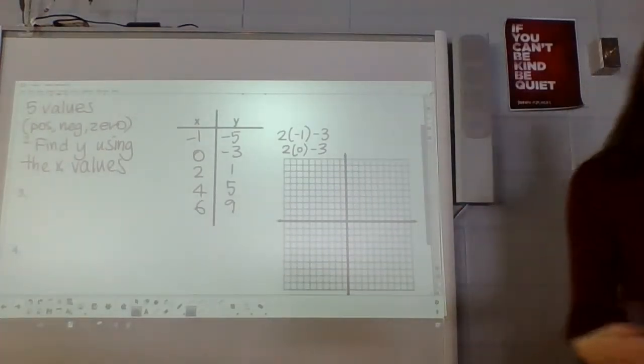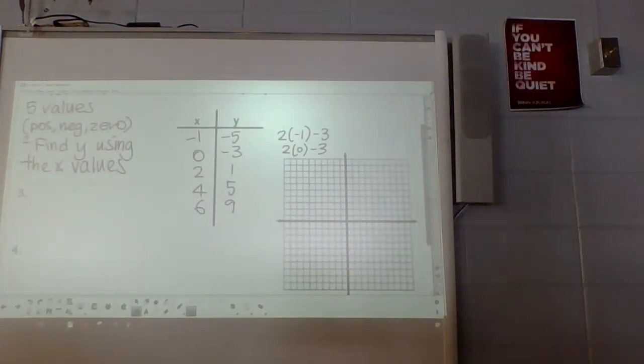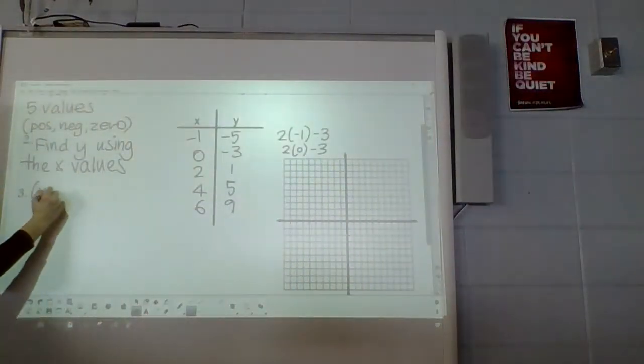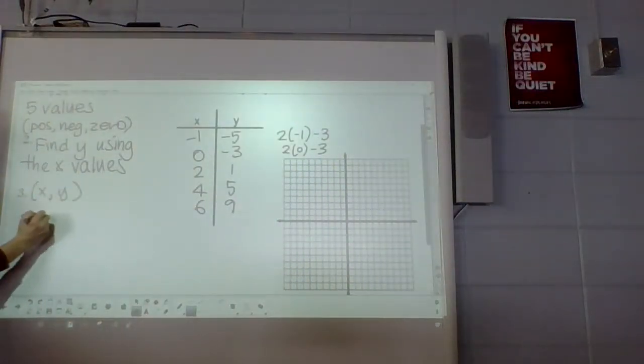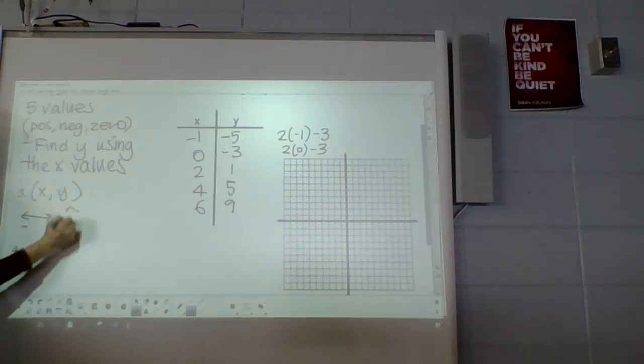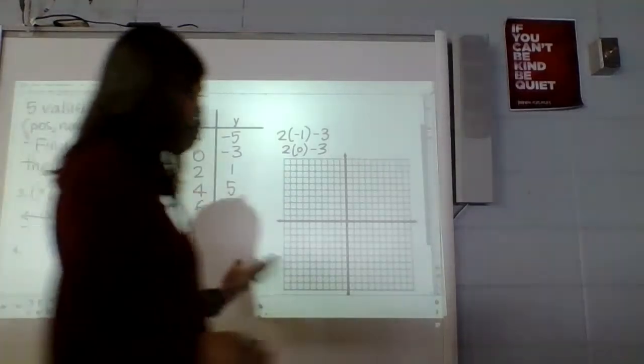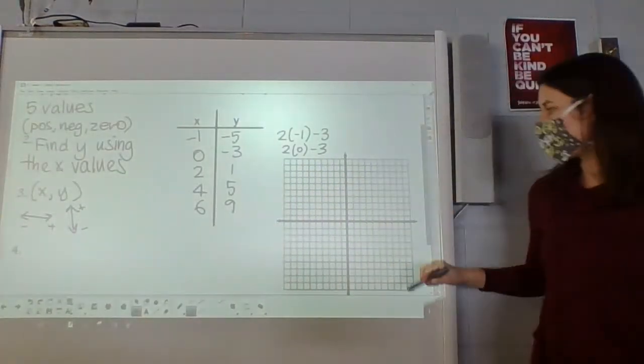Now what we're going to do with that is plot those points, put those coordinate points on, because those are our x and y values. Remember, x moves right and left, and then y moves up and down. And get those values on my graph paper.